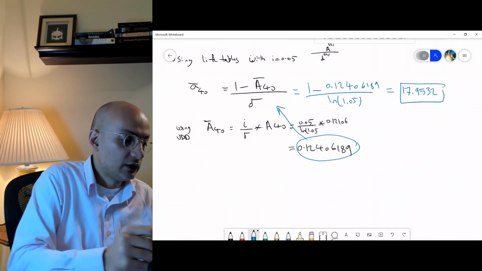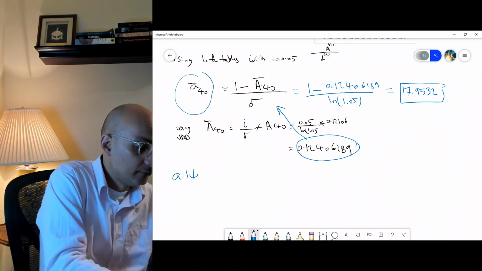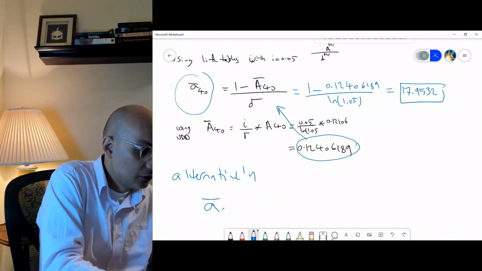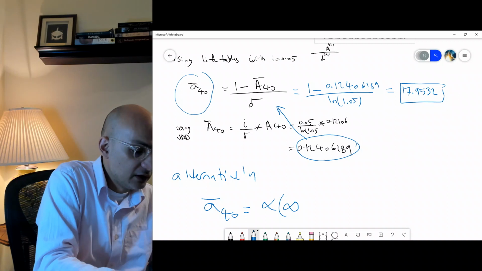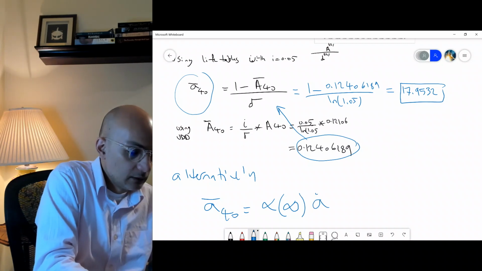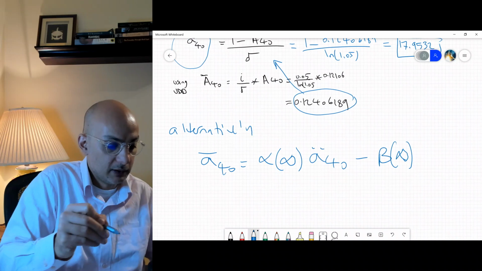So this is one way to calculate this one. Alternatively, A40, you can calculate alpha, but this is for infinity. A40 is alpha infinity minus beta infinity.